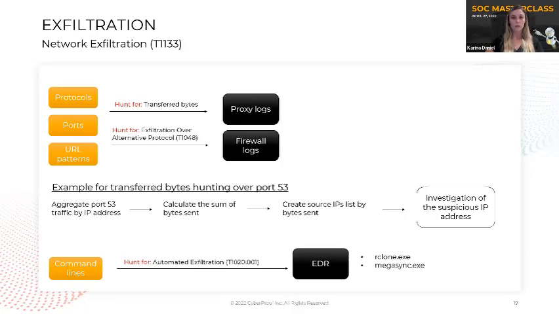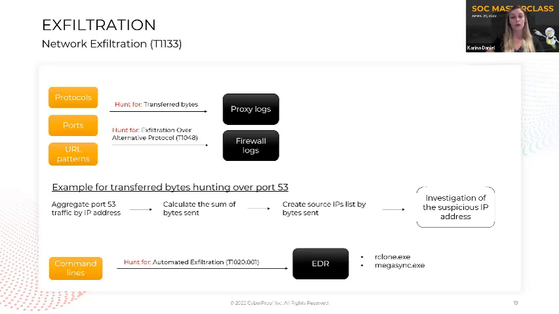And another way to look for data exfiltration, we can search for creation of archived files with extensions like RAR or 7-zip or tar, because sometimes in an exfiltration technique, we will see creation of archived files.